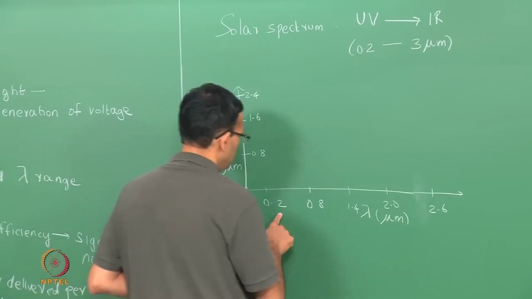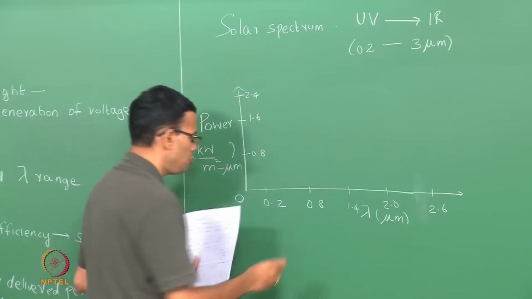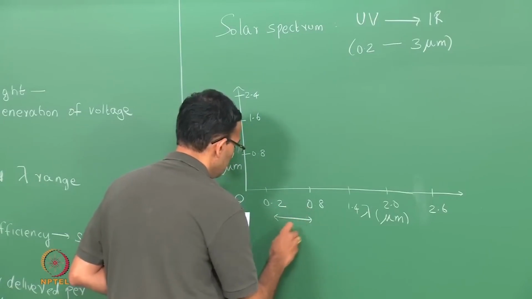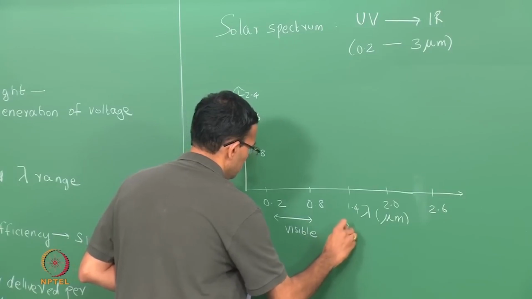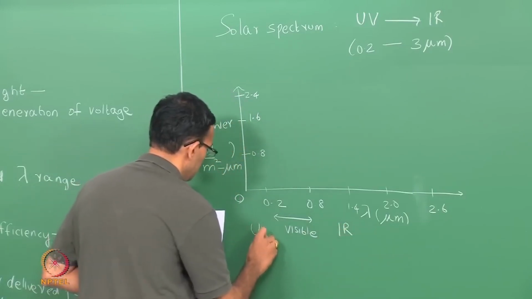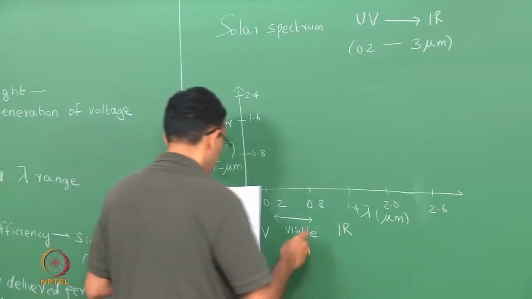The visible region lies somewhere between 0.2 and 0.8. This is visible, this is IR, this is UV.